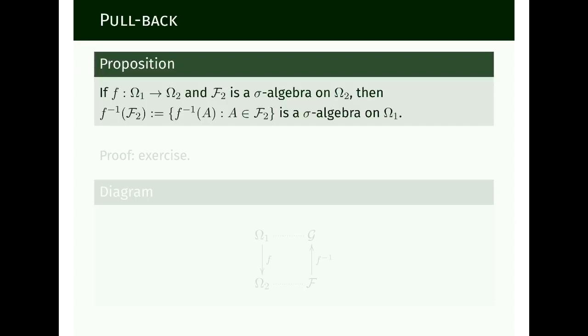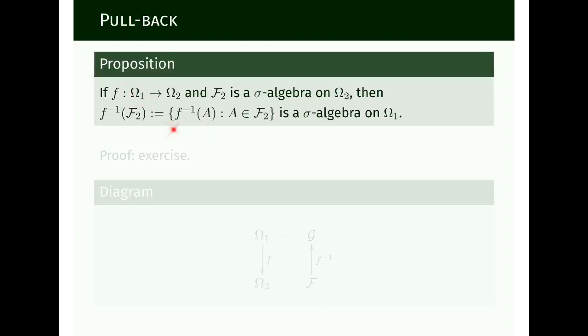Now, another property is if we have a function f that maps one sample space to another sample space, and we have a sigma algebra F2 on the second sample space, a family of subsets of omega 2, then if we take the pre-images of all elements of the sigma algebra F2, this gives us a family of subsets now of omega 1.